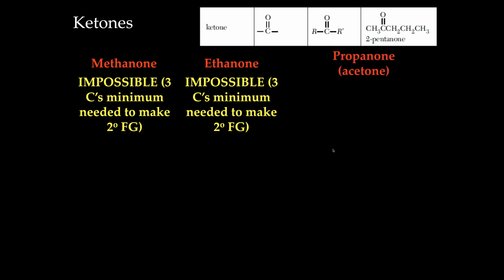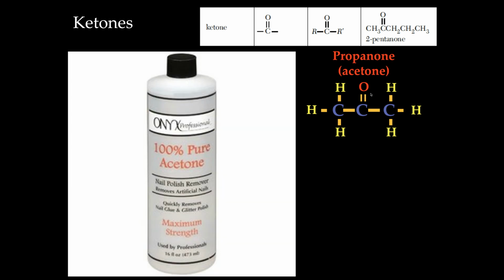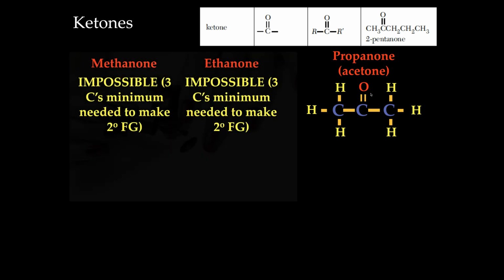A 3-carbon ketone is called propanone. And notice, if the double bonded oxygen was on the end, we'd call it propanal. In the middle, we call it propanone. This is also known as acetone, and it's the solvent that's used for nail polish remover. Very effective stuff.